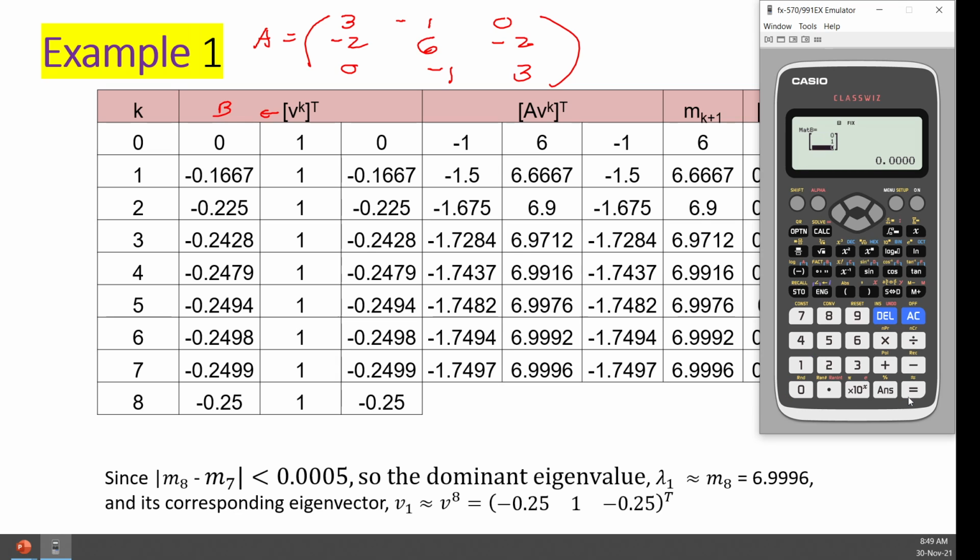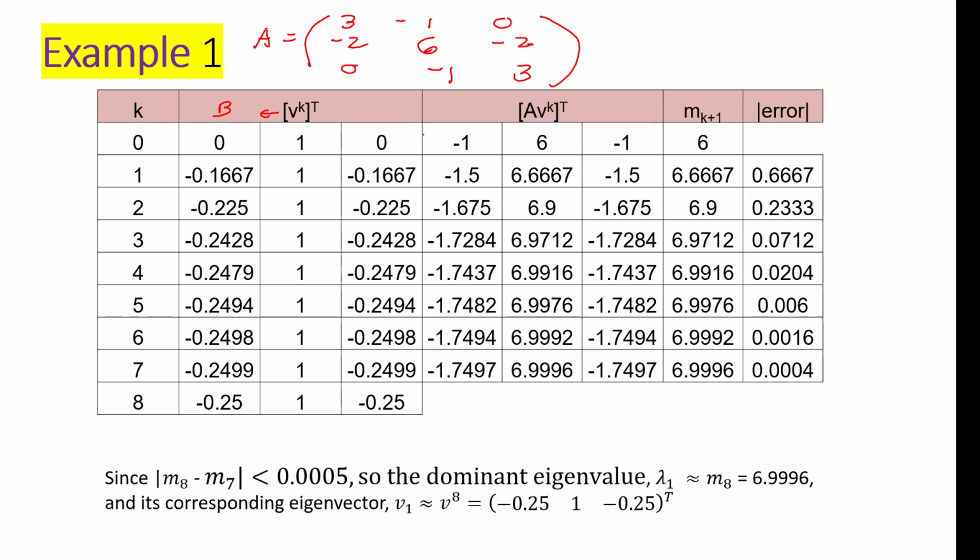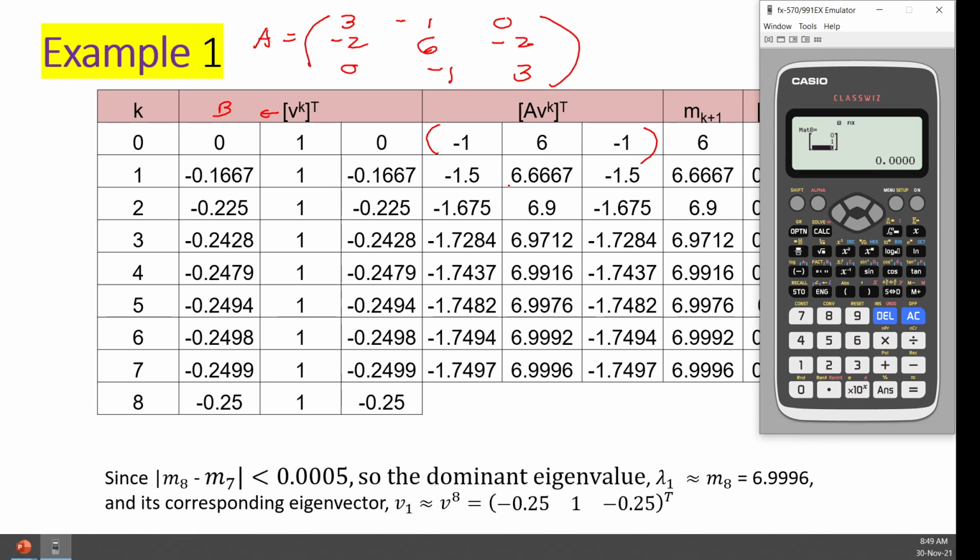Now we want to perform the multiplication. You already have A, you have B, so you take matrix A times B, and you should get this result here. Press AC to clear first.